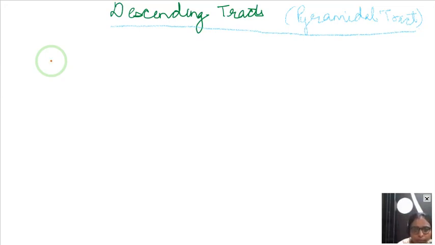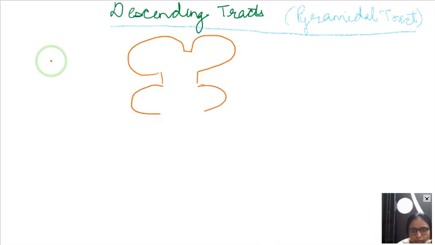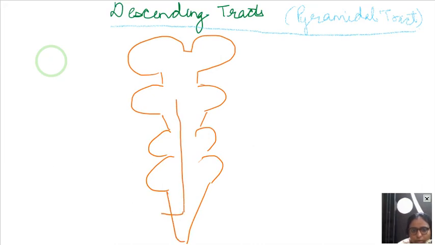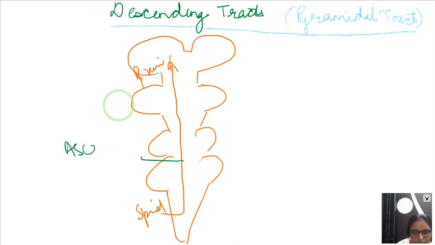See, for example, we have discussed earlier, I'll just give you a short revision. This is your cortex, your midbrain, your pons, your medulla, and your spinal cord. The tracts or axons which go upwards, taking the information from your spinal level to your brain level, are called your ascending tracts, which we have studied in detail.